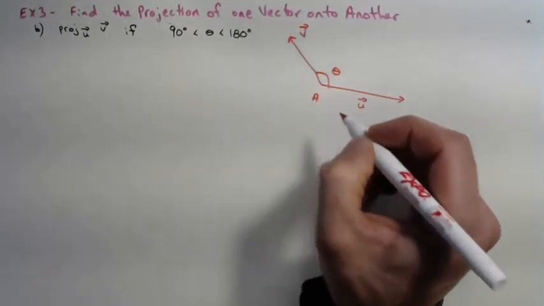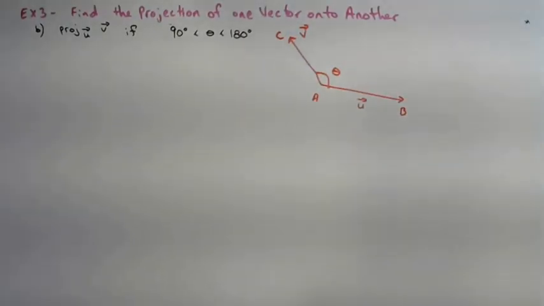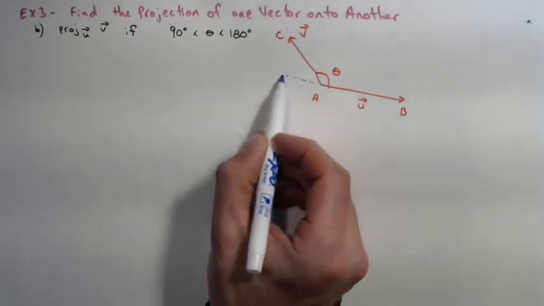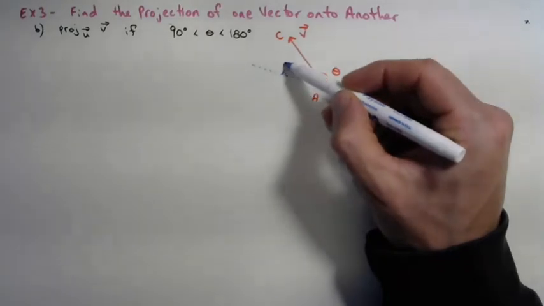We've got point A, point B, point C. And now, if we're talking about the projection of v onto u, then we're extending this line, and we're coming up from a right angle.